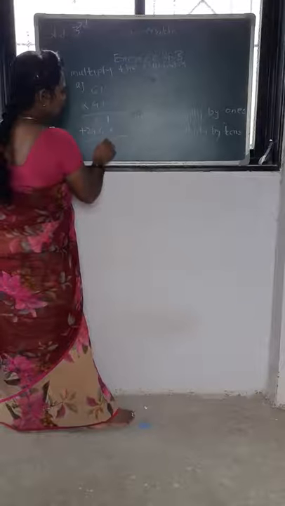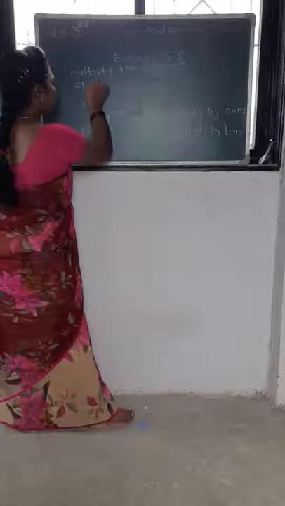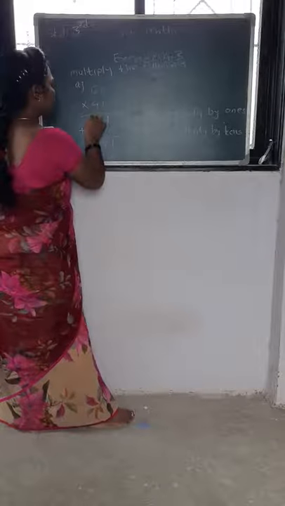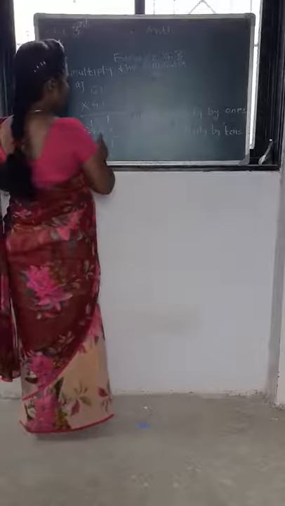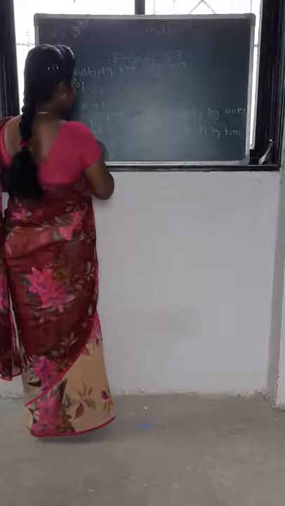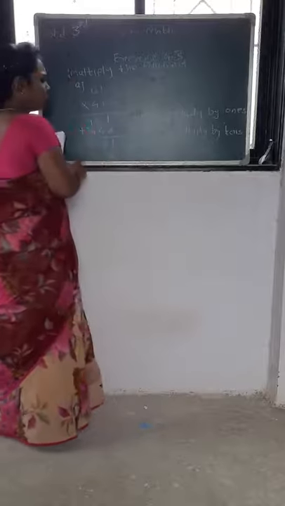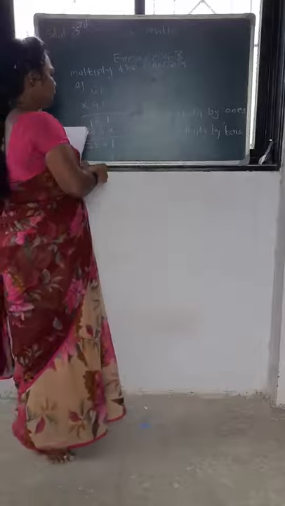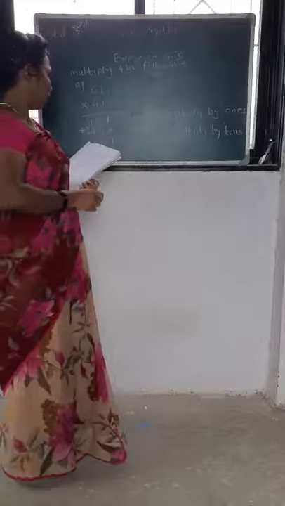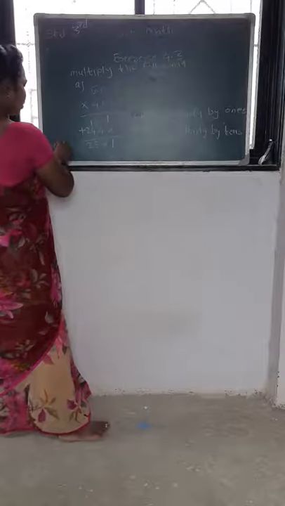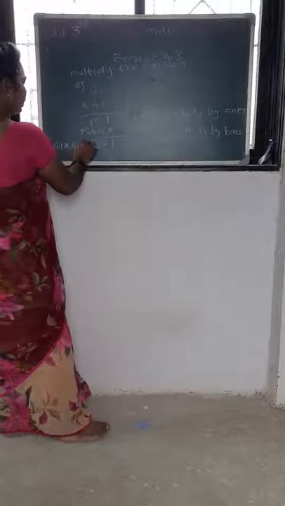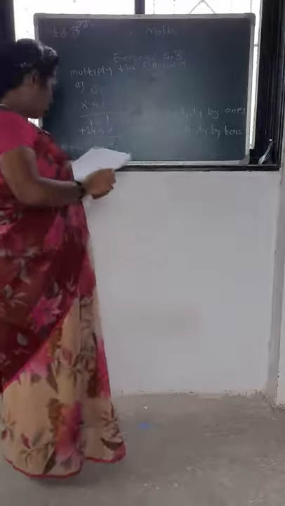Then 0 is in tens column and carry 1 to the hundreds column. 1 plus 4 is 5 and 2 as it is. 2501 is the given multiplication. 61 multiplied by 41 is 2501.